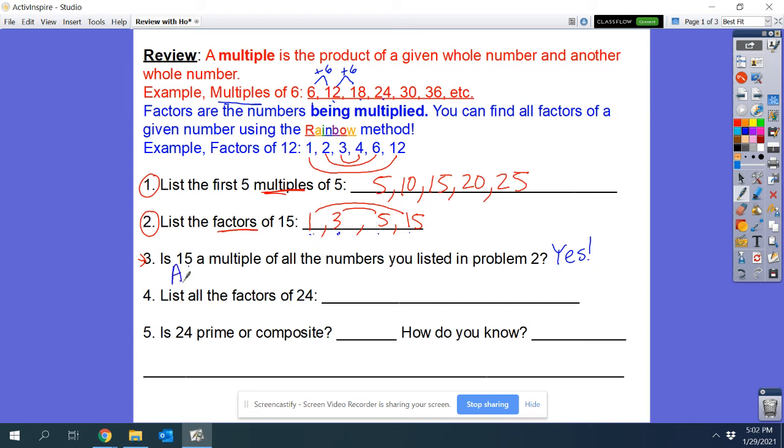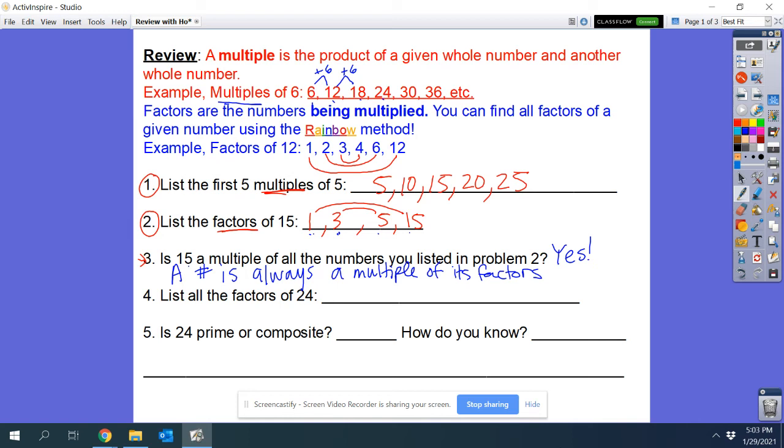So I'm going to write that down for you. A number, say it with me after I write it. A number is always a multiple of its factors. Okay, let's say that together. 1, 2, 3. A number is always a multiple of its factors, just by definition.